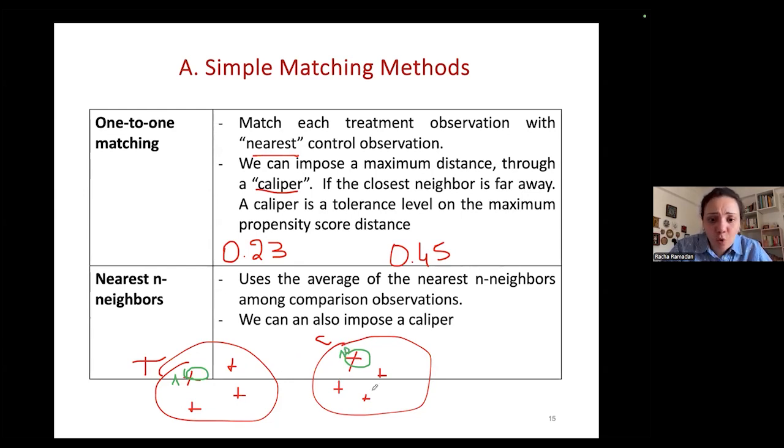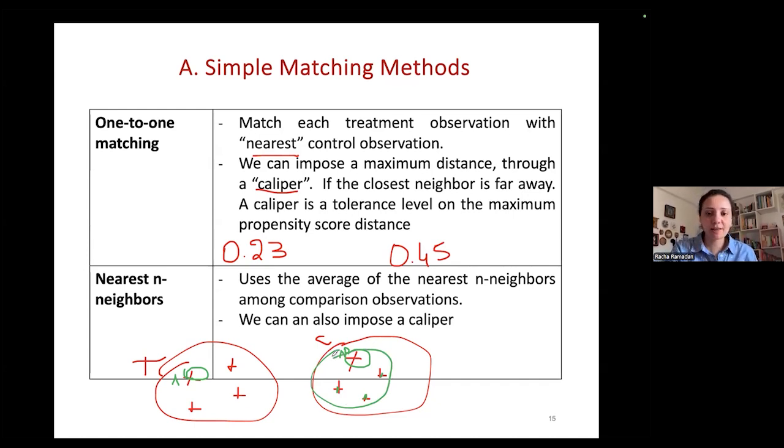But assume that all these other observations, this one and this one and this one, have values that are not that far from the value of number 1. So instead of matching number 1 only with number 10, I will decide to match number 1 with the nearest 4 observations.